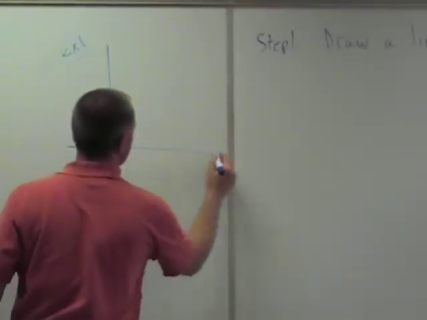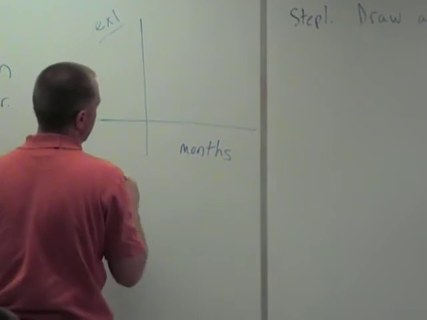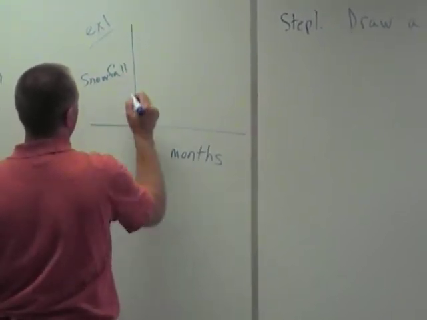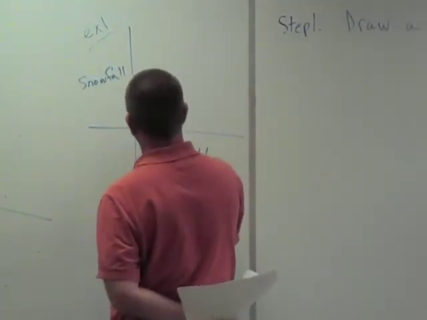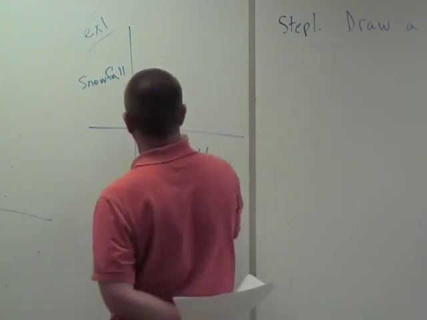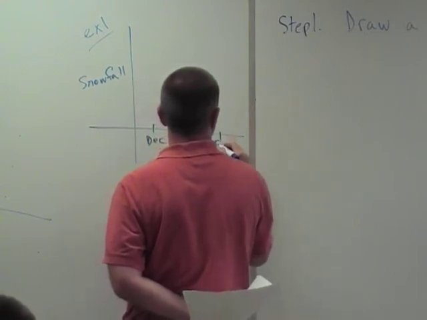This is typically what this is going to look like. Months will be down here, snowfall up the side. If we start at our winter months, all we're going to do is look at winter months: December, January, and February.